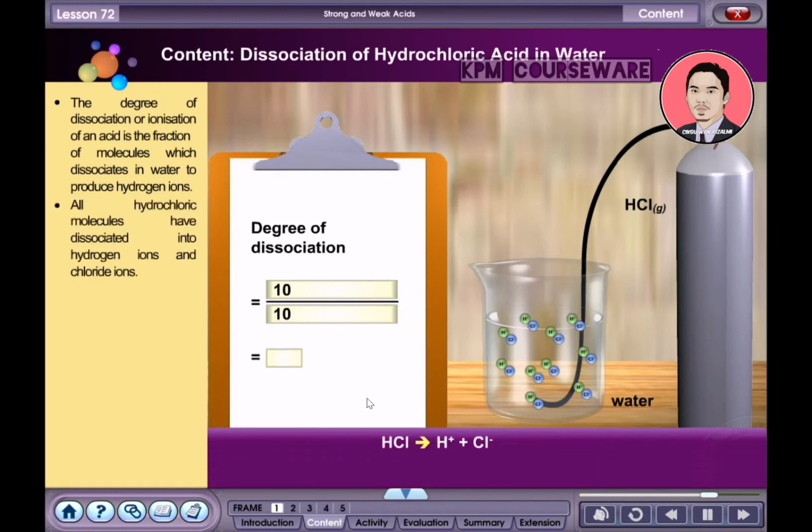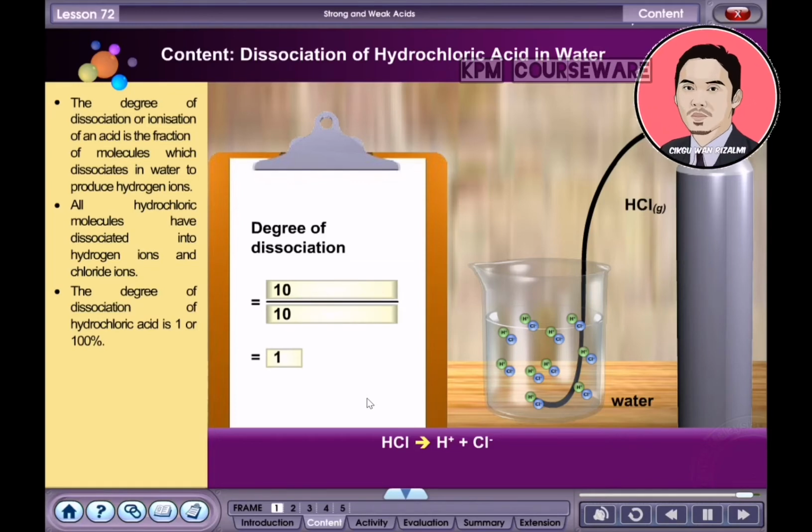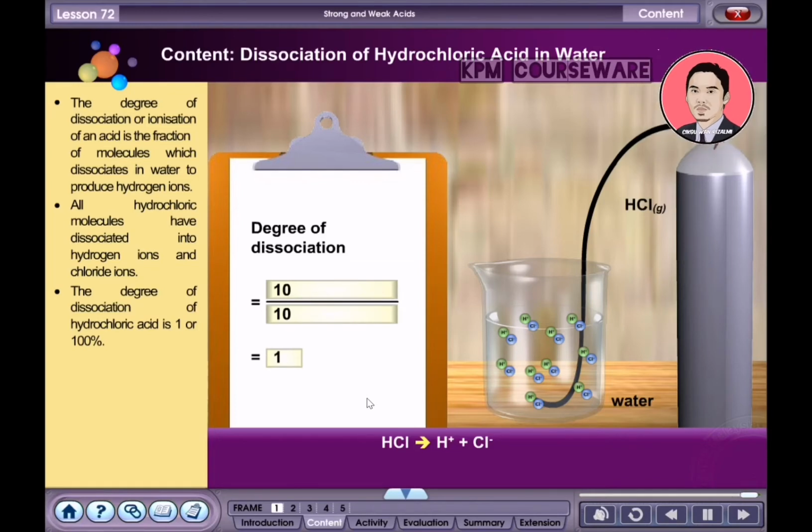There are no acid molecules left in the solution. All of them have dissociated into hydrogen ions and chloride ions. The degree of dissociation of hydrochloric acid is 1 or 100%.